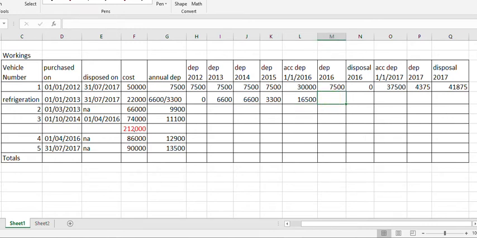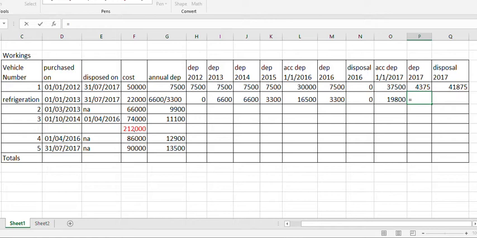We had it for the whole of 2016, so that's another 3,300. There was no disposal in 2016, so accumulated depreciation for 17 is the 16 figures added together, gives us 19,800.